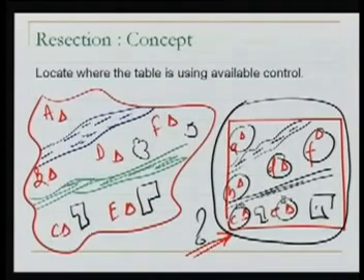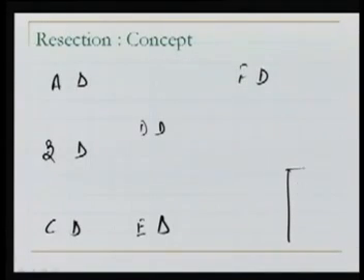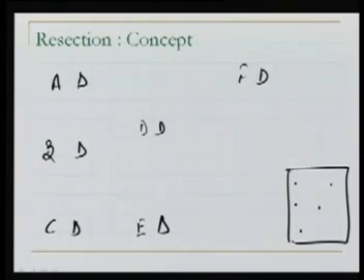So the plane table looks like only a few points plotted there. We know the corresponding points on the ground, that this small a corresponds to a point there in the ground. Similarly, B, C and others.